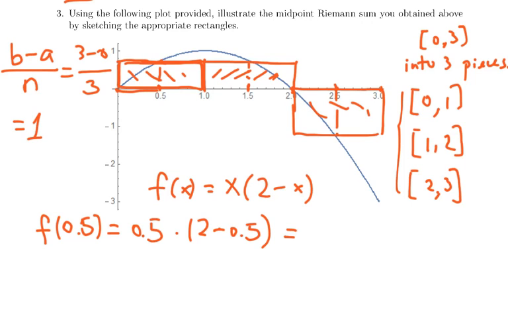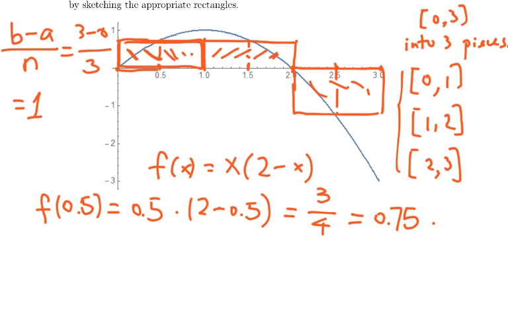Okay, and then the area of the first rectangle, I will denote the area as S1, is equal to the base 1 times the height 0.75. This is equal to 0.75. Okay, this is our first part. And then for the second rectangle, we can do it in a similar way.